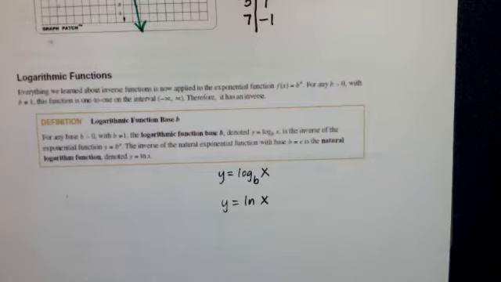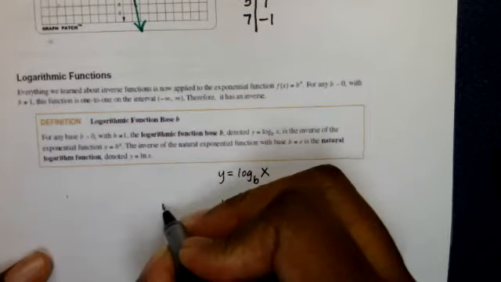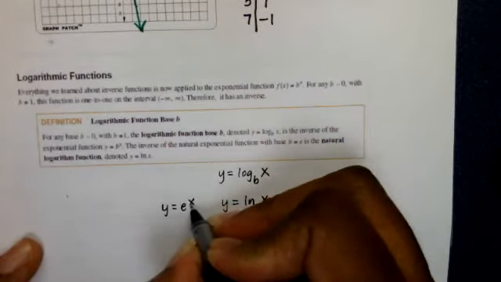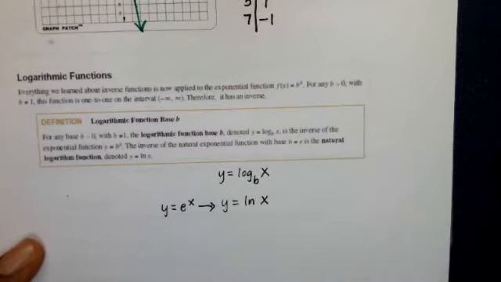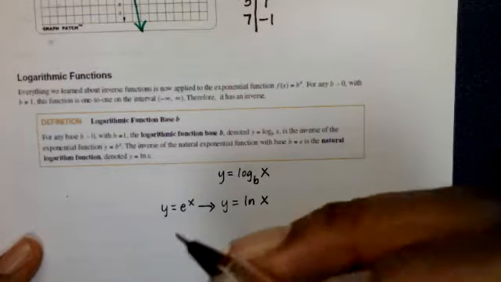So the natural exponential function, we have a base of e, like y equals e to the x. The inverse for that would be y equals ln of x.